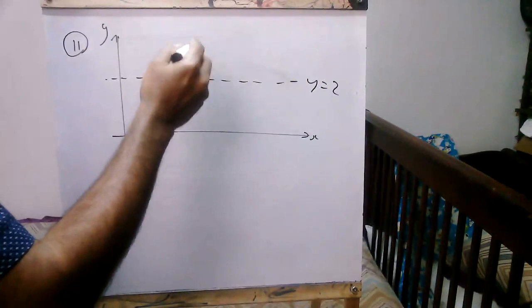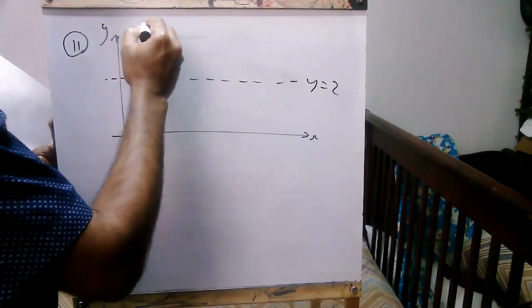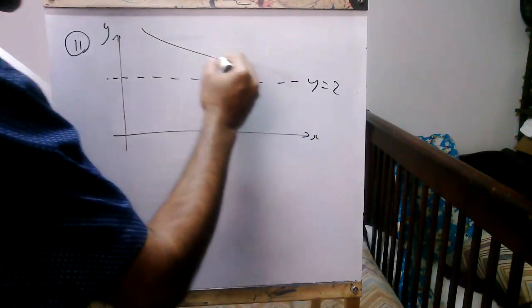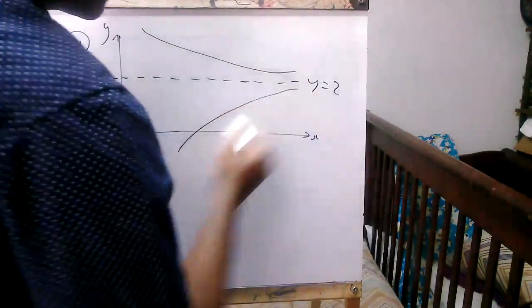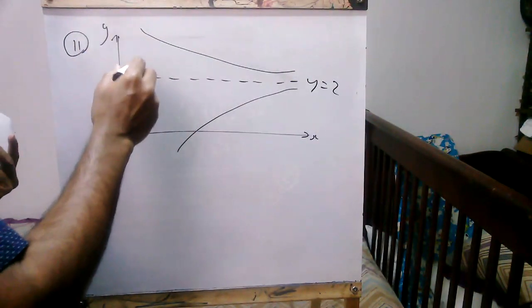This is a horizontal asymptote, which means when x approaches infinity, f(x) should go like this, or it can go like this, or there is another possibility.